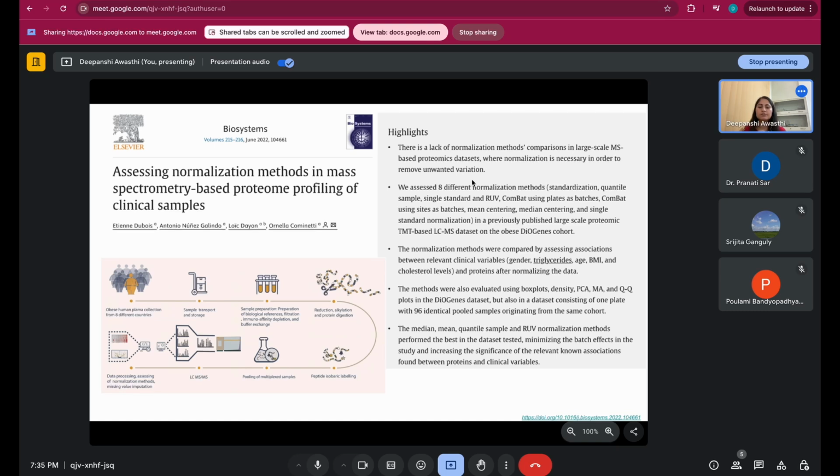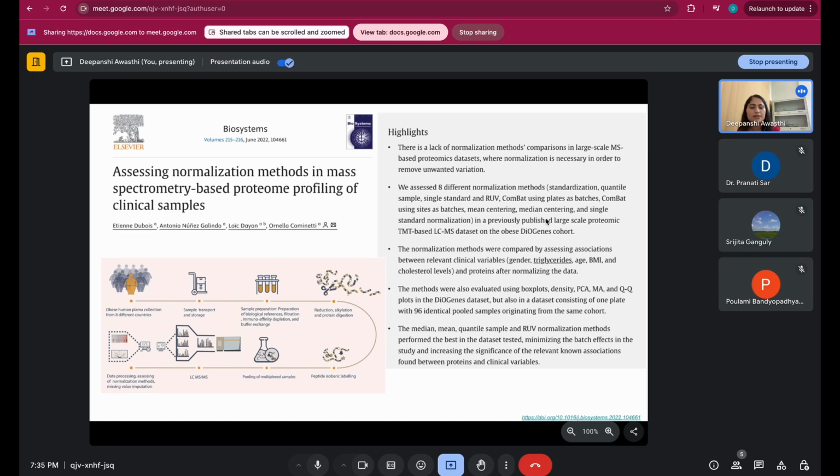So in this case they have taken 8 different normalization methods, which are standardization, quantile, sample, single standard, and RUV. So these are multiple methods, you don't have to go into the details, but you are aware of standardization, quantile normalization and combat. They are also comparing combat using the plates as batches, combat using sites as batches, then mean centering, median centering.